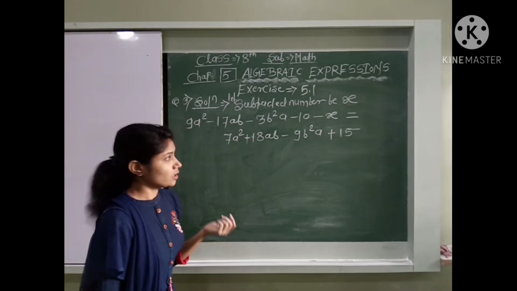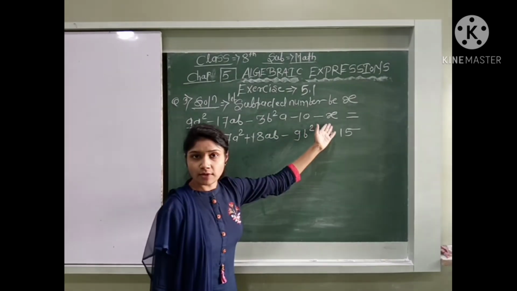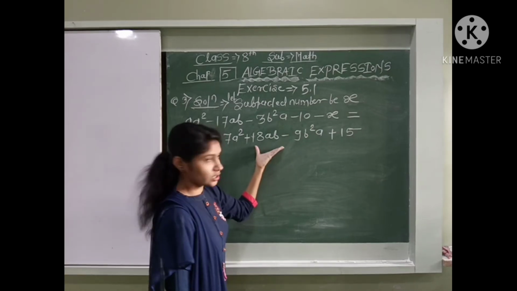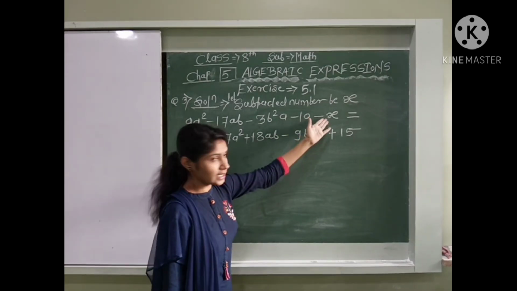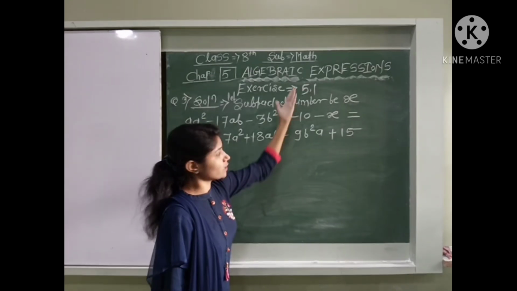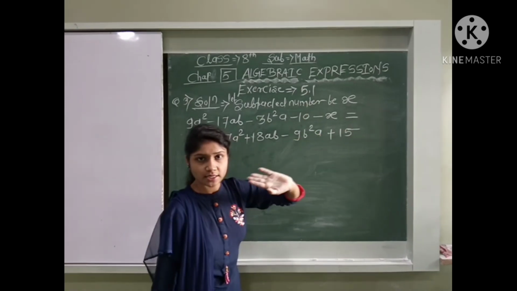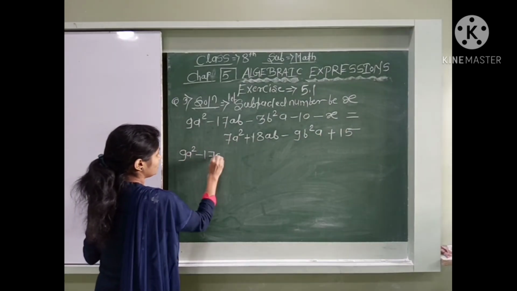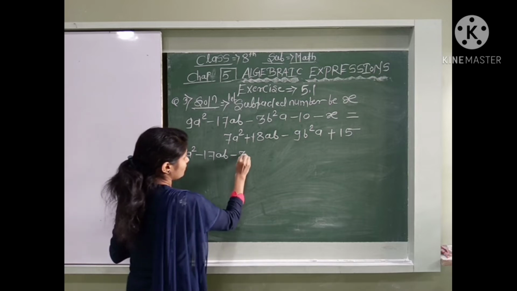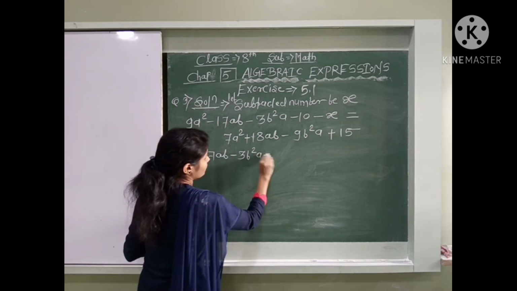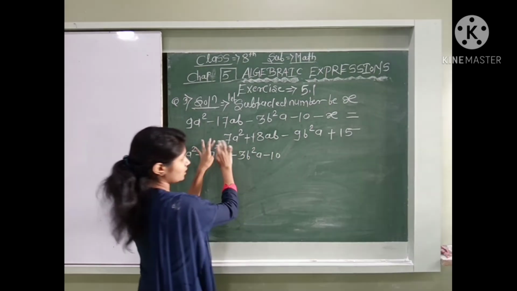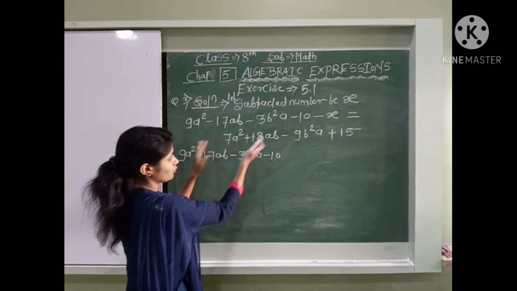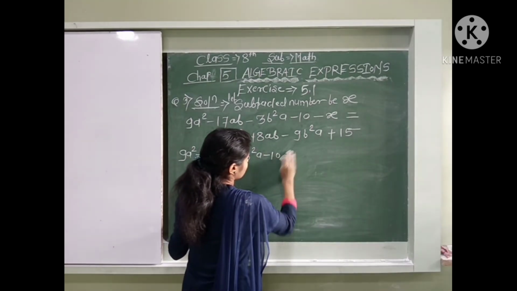Okay, how to solve? We want the value of x. This expression is on the LHS side. This expression we have to transfer to this side, and x we have to transfer to this side. So 9a square minus 17ab minus 3b square a minus 10, when transferred, becomes minus, not plus.